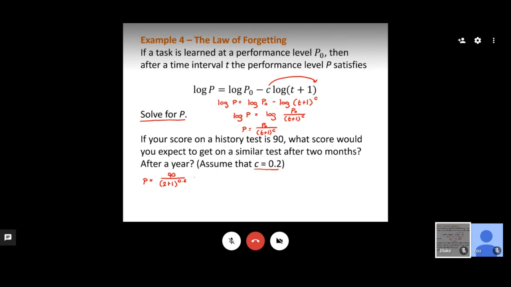Now we just need to simplify all of that. And so if we do 90 divided by, in this case, that'd be 3 to the 0.2. What should we get there?